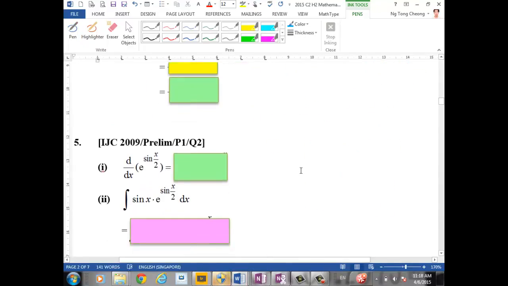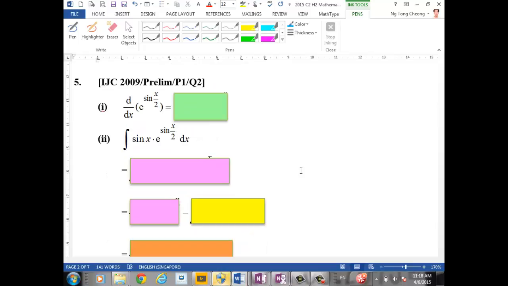Okay, let's look at number 5. For this, the derivative should not be that difficult. Any volunteers? Okay, how about the boy 5th row in yellow? What do you think differentiation of e power sine x over 2 should be? Half e what?